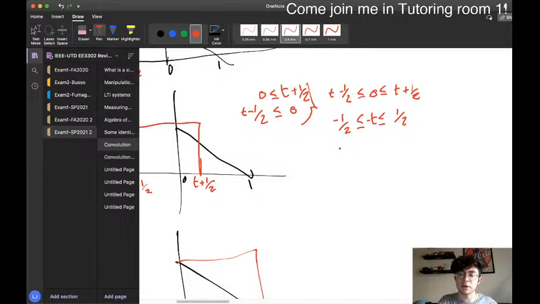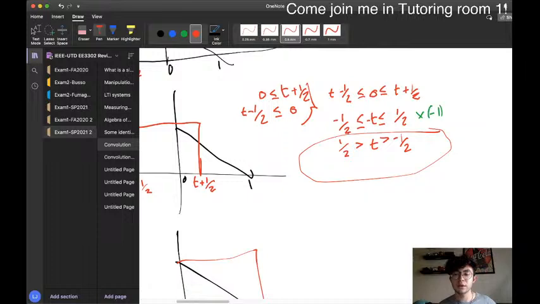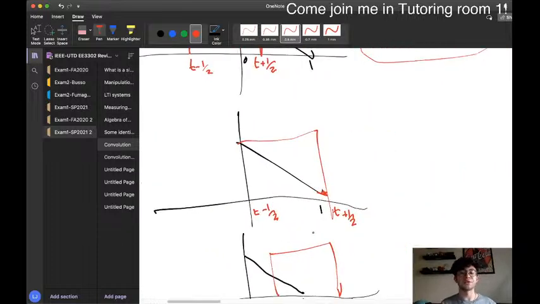So this is going to be the bound 1/2, because if we multiply times negative 1, then we get to flip the inequalities. So t is between negative 1/2 and 1/2. Right, so we have our bound here. Yeah, this is going to be our case 2 bound.